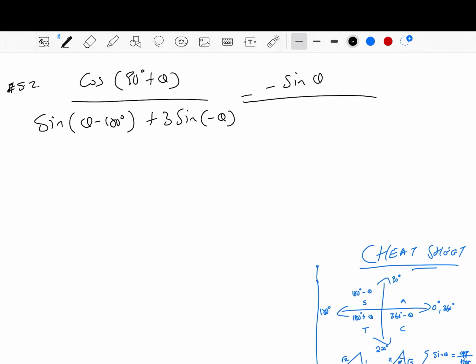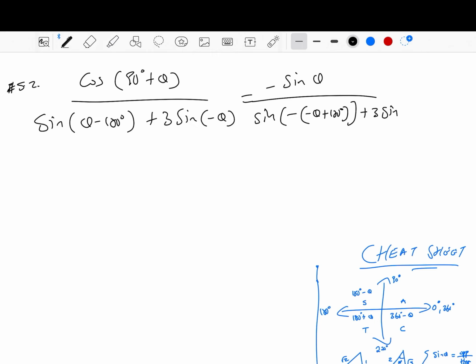Cos of theta minus 180. We don't know that, right? We always want to have an angle plus theta or an angle minus theta. So let's factor the negative out. So you have sine of negative. If you factor the negative out, it's going to be negative theta plus 180 degrees. That's more like it. We understand that.